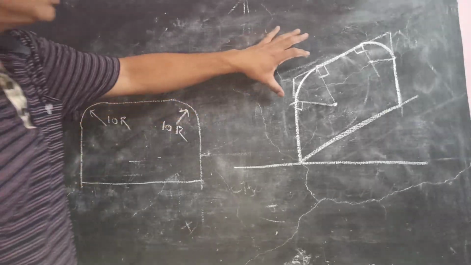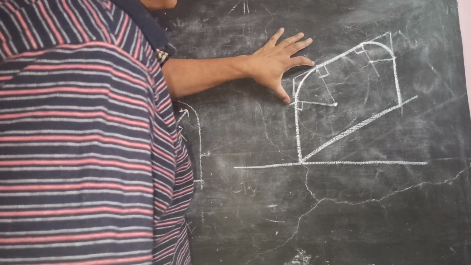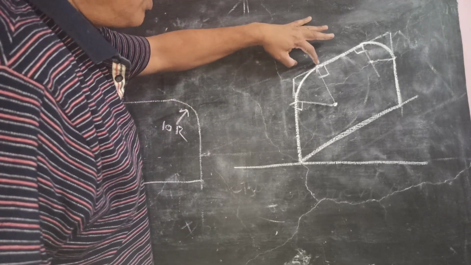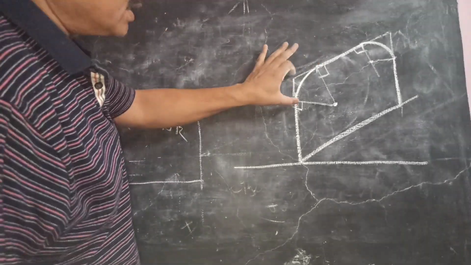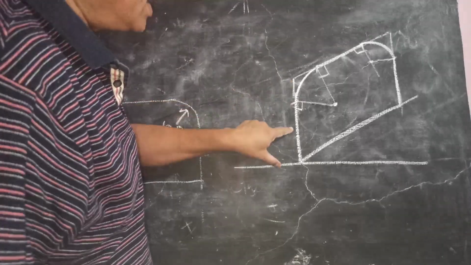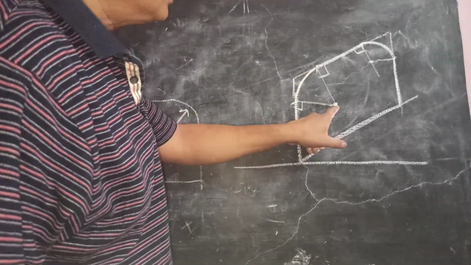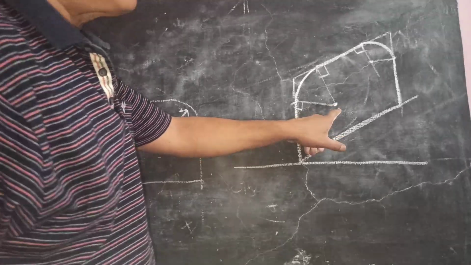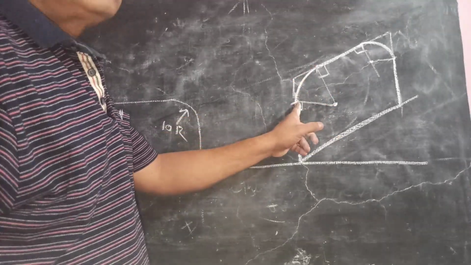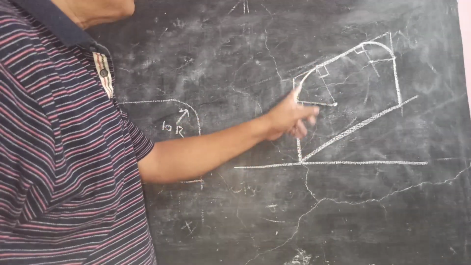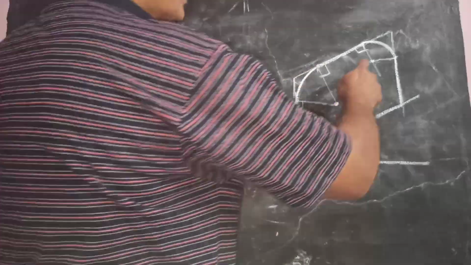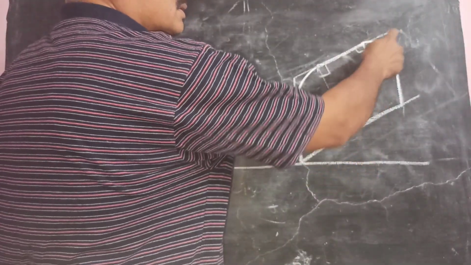So if this is the curve we have to draw, then mark the points 10 mm from here, 10 mm from here. At this point to this line, draw a perpendicular, and from this intersection point, take it as center and draw the circular shape directly with the jaw. Then again you can repeat it.